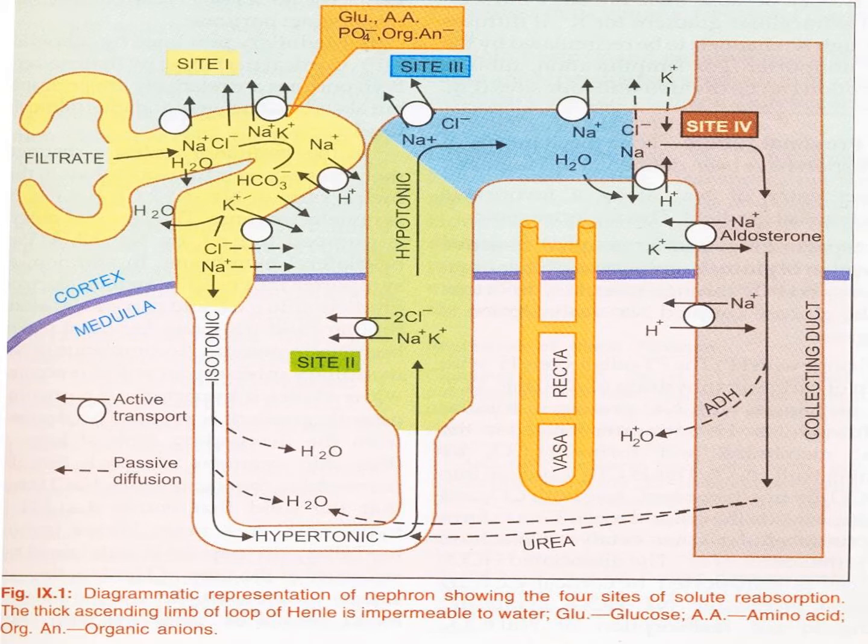Here the drugs which act basically control the sodium chloride channel. And site 4 is the collecting region, where most of the potassium sparing diuretics act.